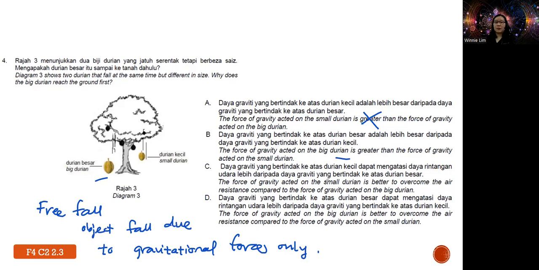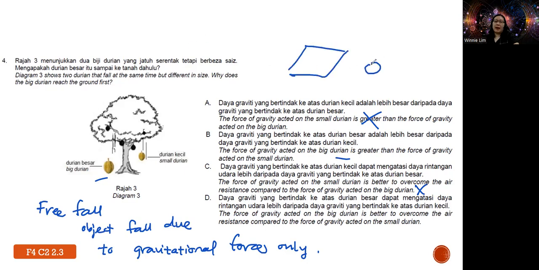Okay, C, the force of gravity acting on the small durian is better at overcoming the air resistance compared to the force of gravity acting on the big durian, also wrong. If you're able to overcome the air resistance, it's normally easier, for example if you have a piece of paper and another paper which is already crumpled, right?